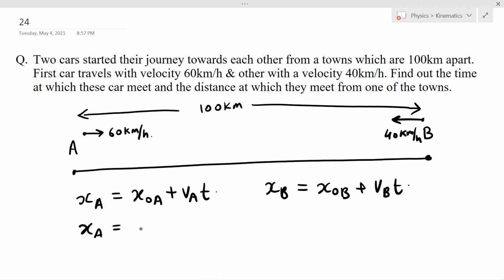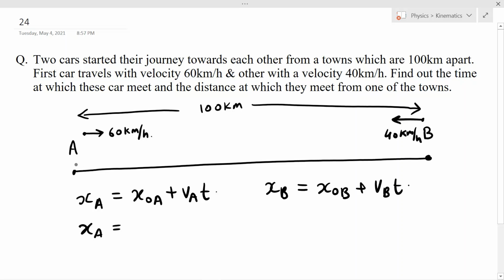In this case, I have neglected acceleration, because obviously the cars have to accelerate, or you can think that I started my clock when car A was already moving with the speed 60 km per hour at position A, and car B was already moving at 40 km per hour.